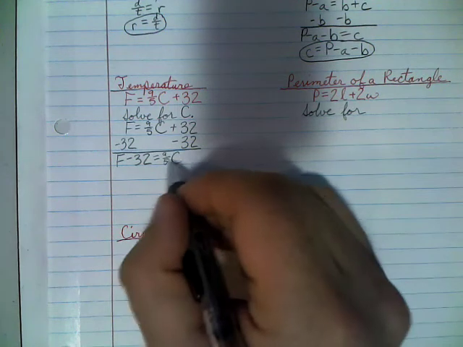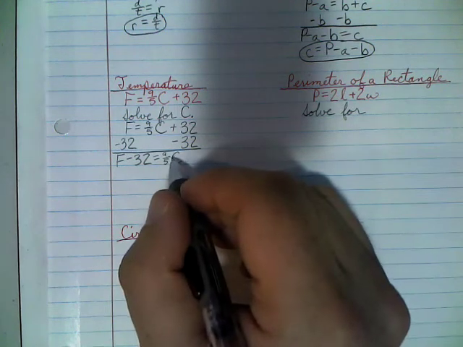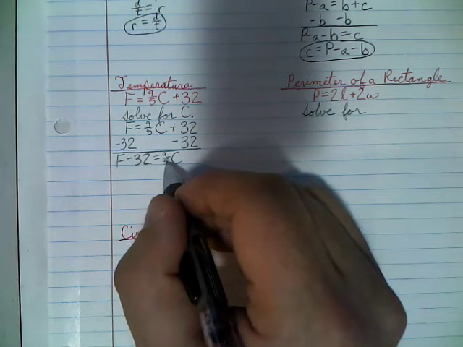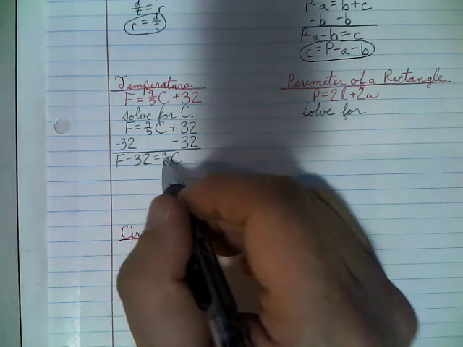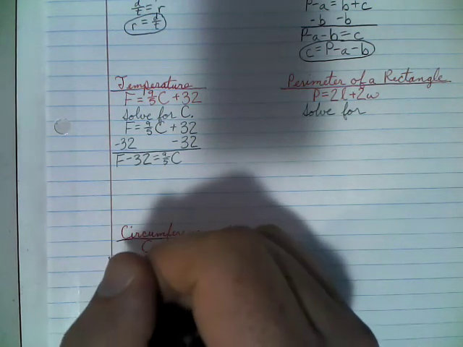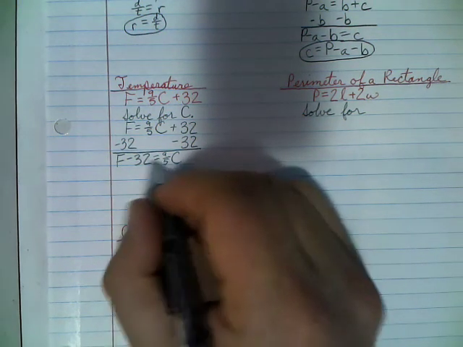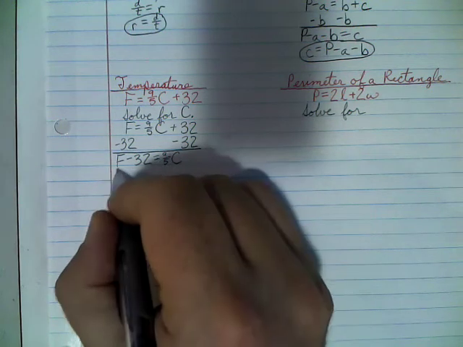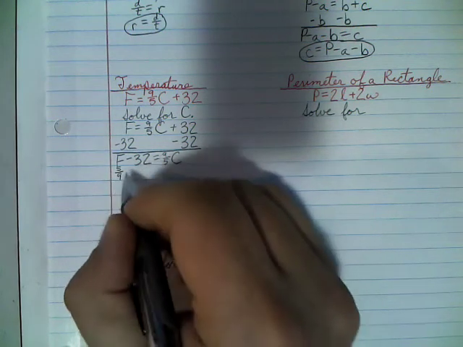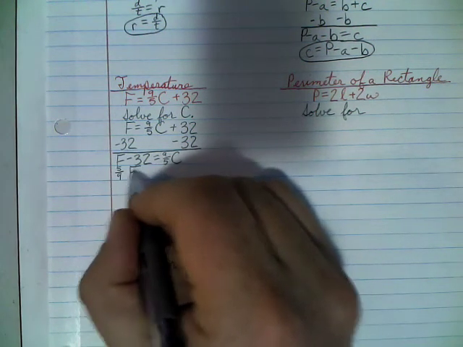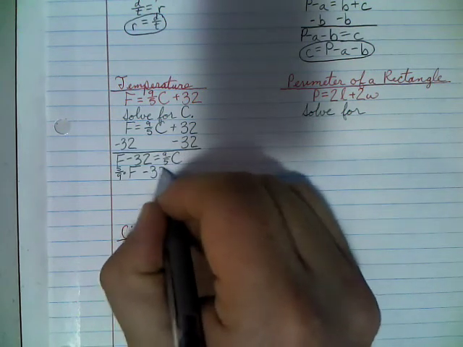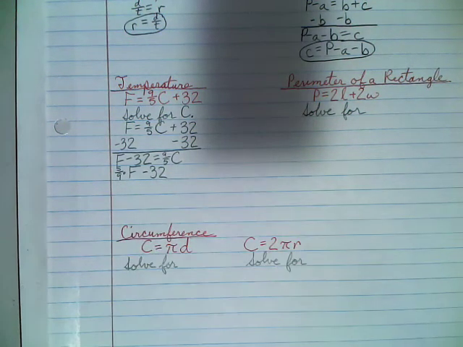Now the 9/5 is connected by multiplication, so normally we would divide both sides by this number. However, remember, we don't divide by fractions. Instead, we multiply by their reciprocals. So I've got to do that to both sides, though. So on this side, I'm going to multiply by the reciprocal, 5/9. And if you write it like this, that is wrong.